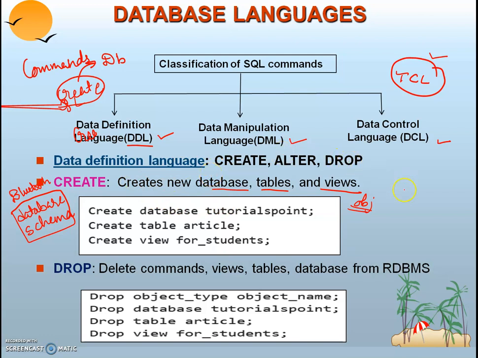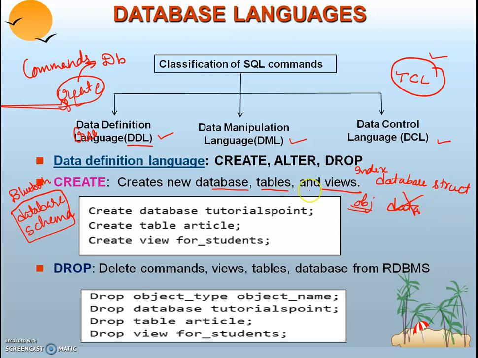So be very clear: DDL only works on the database structures. Structures, in the sense we already spoke about, are tables, views and indices as well. It works on these structures, but it is not going to work on the data. The language that works on data, we'll see later.